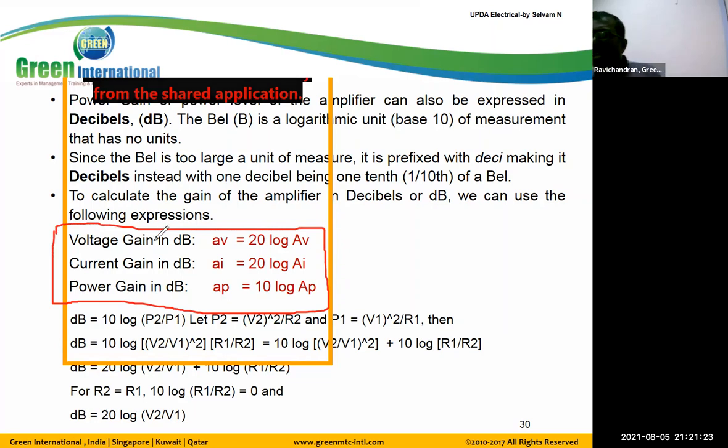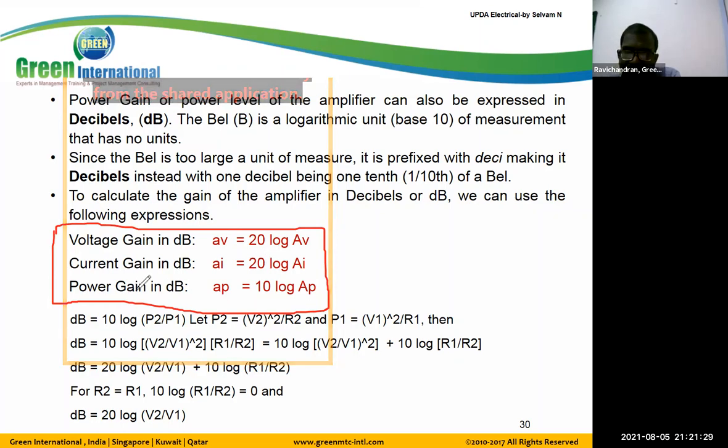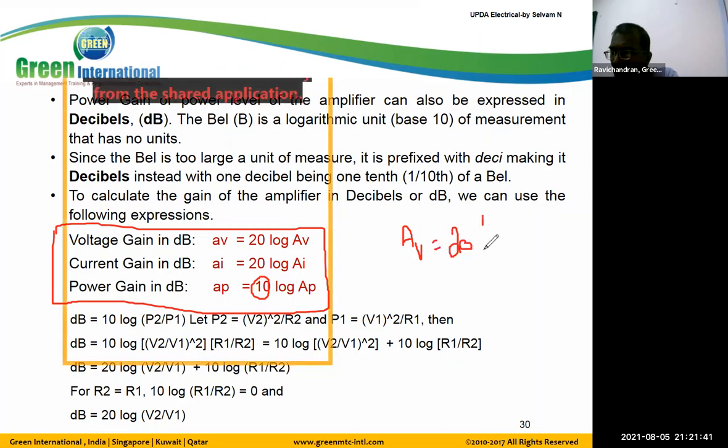Here, gain in decibels. An important thing is, for power we use 10, and for the rest we use 20. So voltage gain, AV, is equal to 20 log of output voltage by input voltage.